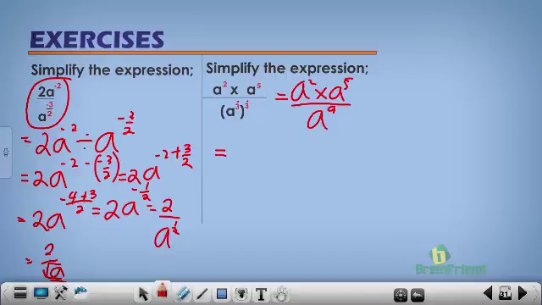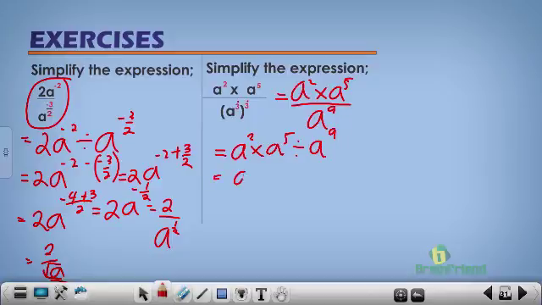Using both our quotient of power law and our product of power law, we would have this as a raised to power 2 times a raised to power 5 divided by a raised to power 9.